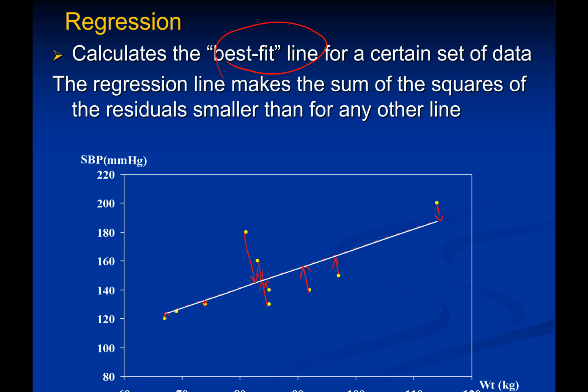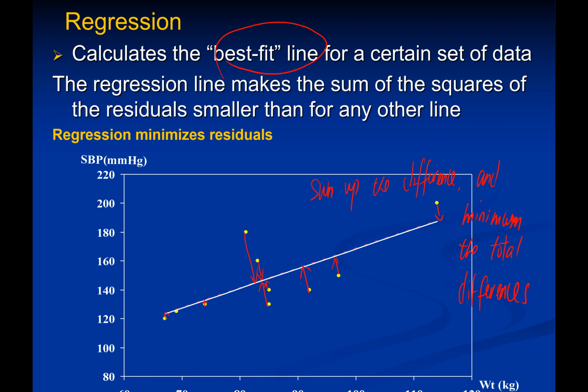So sum up all these distances, sum up the differences, and then minimize the total differences. That's how we come up with the best fitting line. We call this distance from each point to the line the residual.